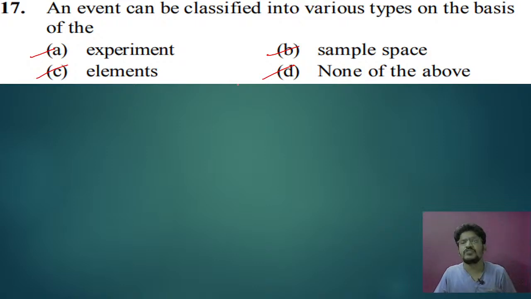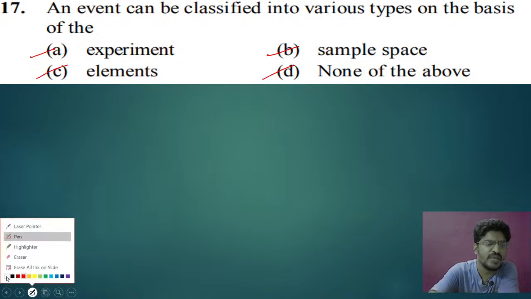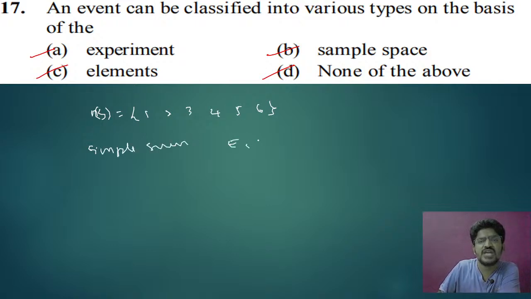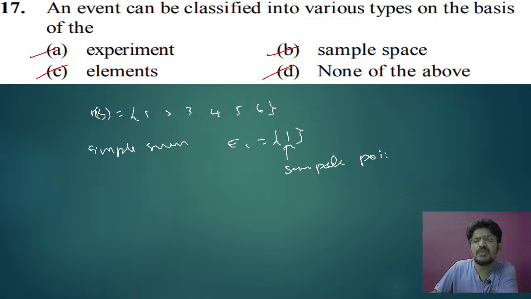Option D, none of these. What is a simple event, if you have n of S as 1, 2, 3, 4, 5, 6? An event which has only one sample point is called a simple event.